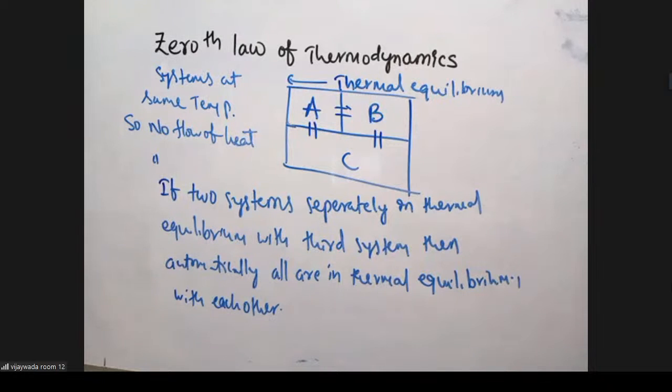Entropy is nothing but the disorderness of the system. And coming to the third law of thermodynamics, at absolute zero, it is also about entropy. At absolute zero, the entropy of a perfectly crystalline solid is taken as zero.